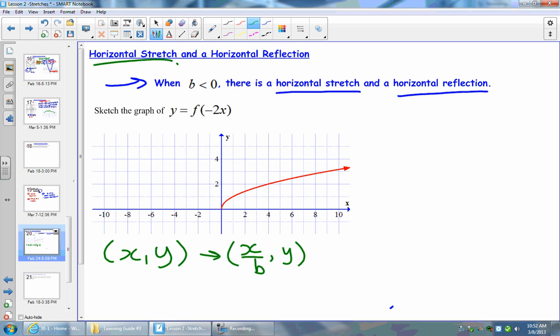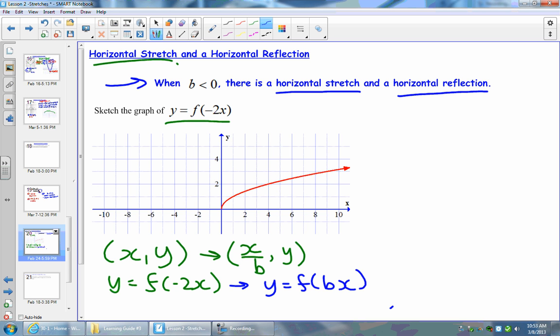So here we go. Here's my graph here. It looks like some sort of radical function. And we want to sketch the graph of y is equal to f of negative 2x. So if we take a look at the transformed function y is equal to f of negative 2x, let's find out what our b value is. Okay, so to find the b value, sometimes it helps to compare it to the general case. So looking at these two functions, it's obvious that your b value is negative 2.